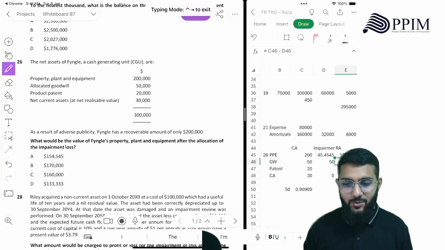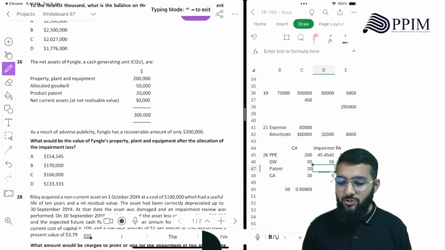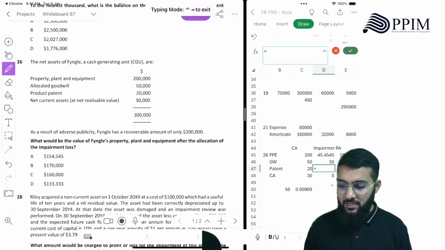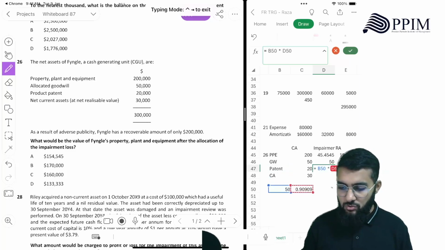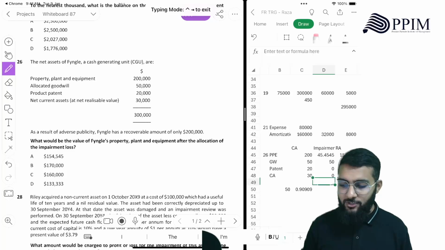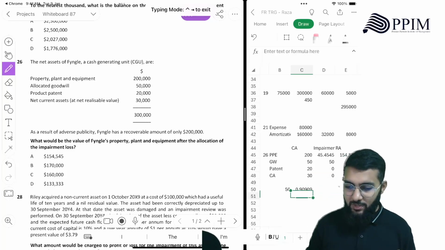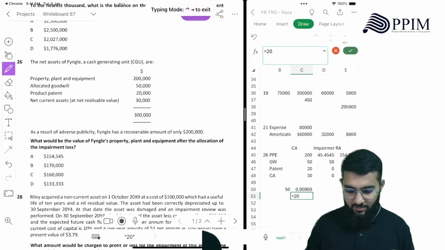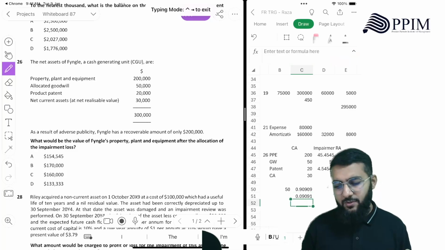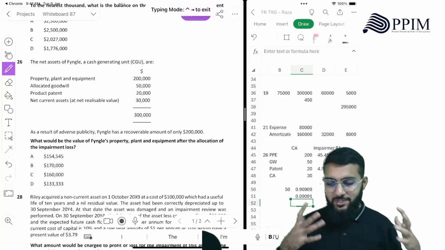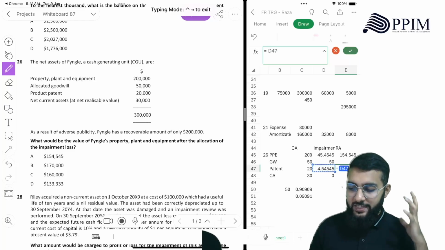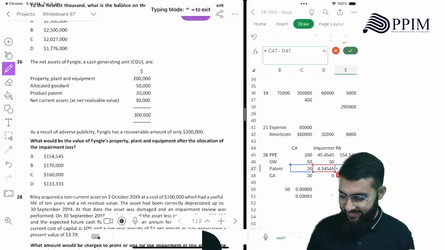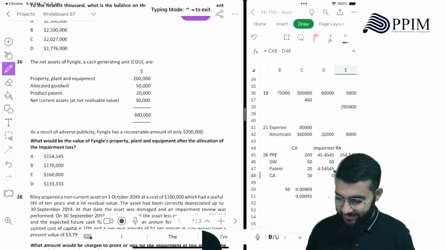We have that as option A. Let's do it in the correct way so that you don't forget at any point.